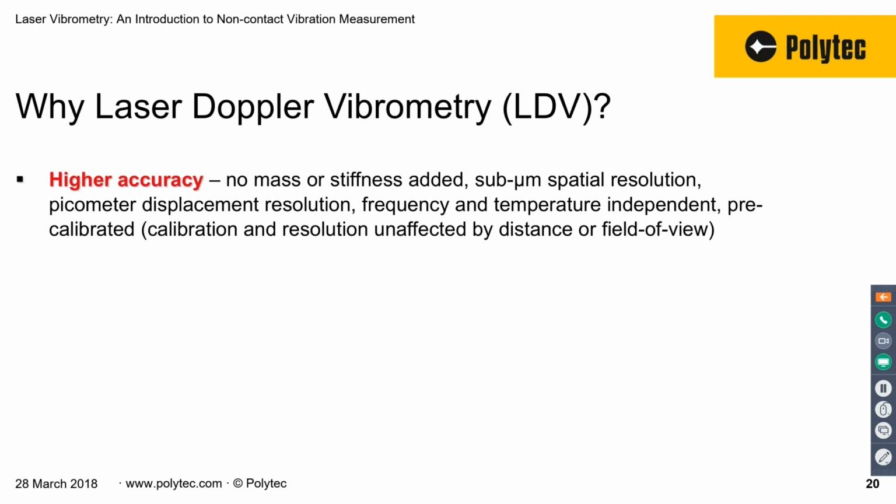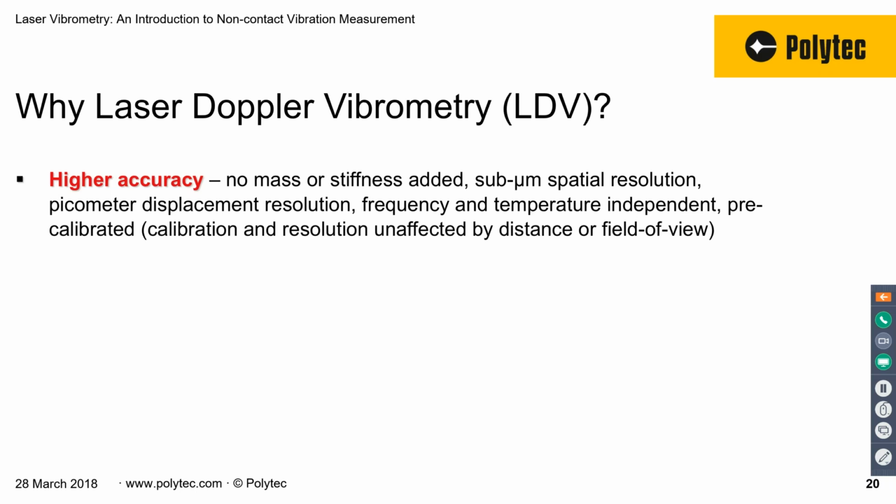Unlike years ago when laser vibrometers required some kind of a dull surface coating. So these days they really don't. They achieve sub-micrometer spatial resolution, picometer displacement resolution, frequency independent, temperature independent, unlike accelerometers, which are very frequency and very temperature dependent.